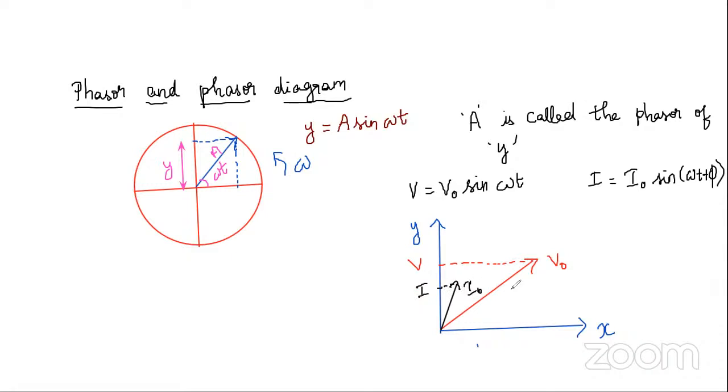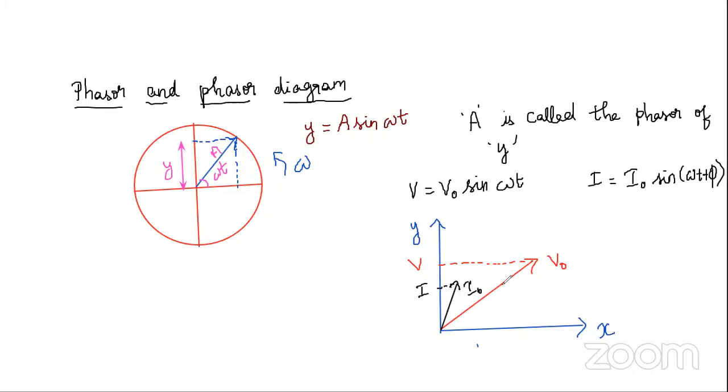It is ahead of voltage. You consider that both these phasors are rotating in the anti-clockwise direction. In this case, which one will reach the maximum first? Can you tell me? Current or voltage? Both are rotating in anti-clockwise direction. Can you tell me?